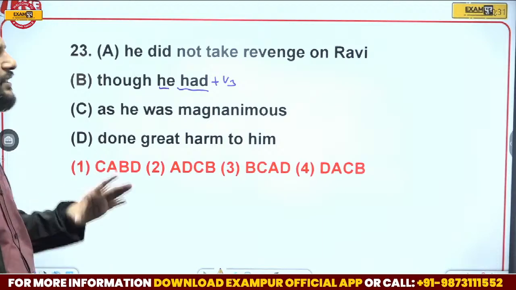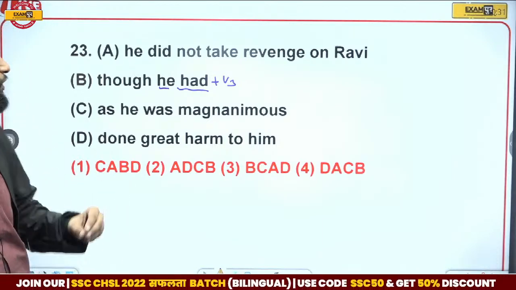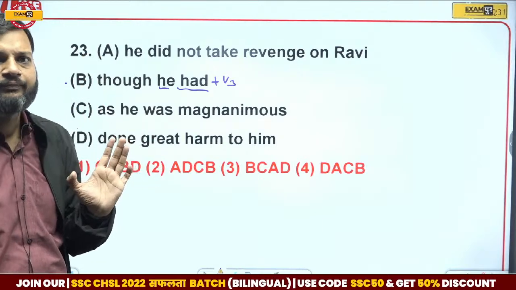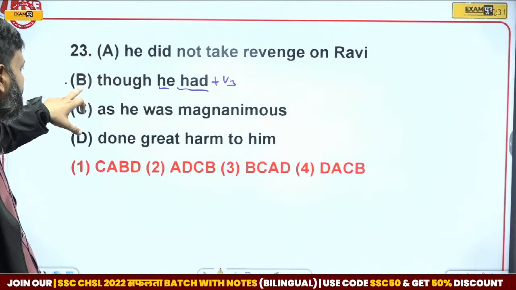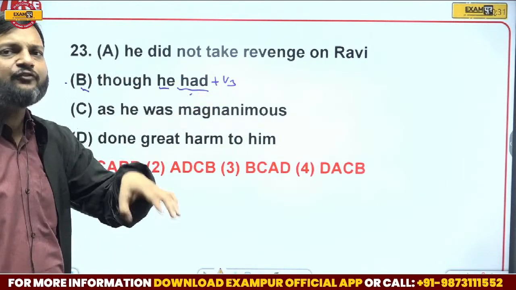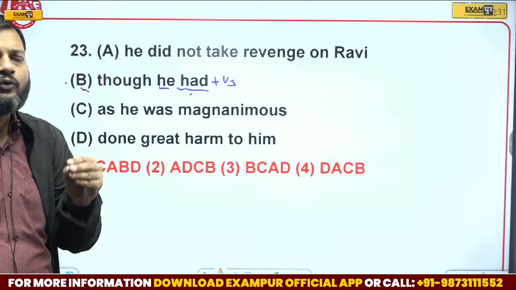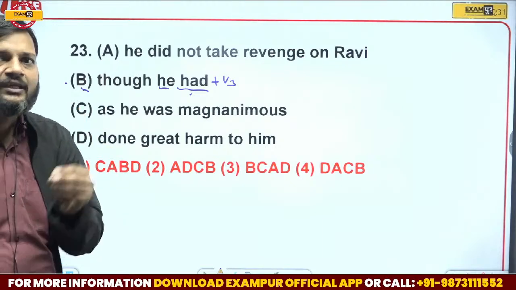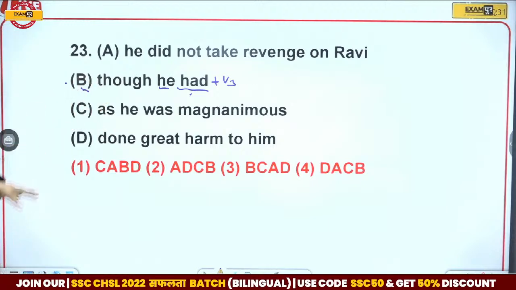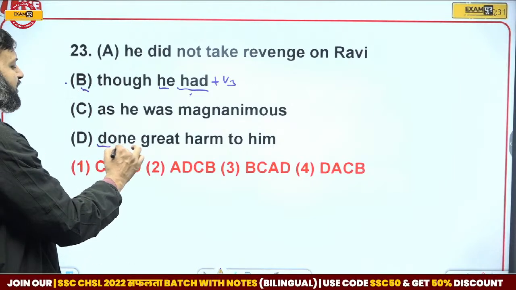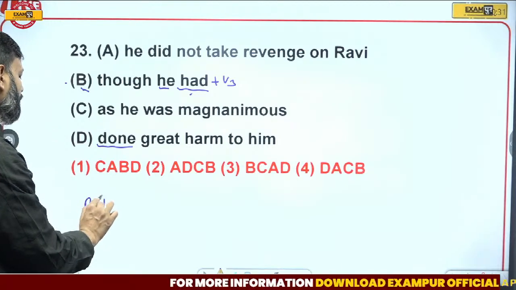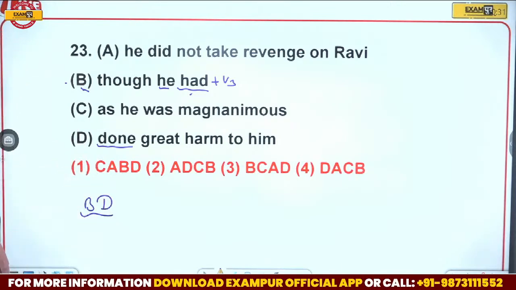So the sentence which will be there after B must start with the third form, because sentence B has had at the end and had is followed by the third form. So the sentence that has the third form in the beginning should be placed after B. Now there is only one sentence which has the third form. It means that B should be followed by D. This makes a valid sequence.